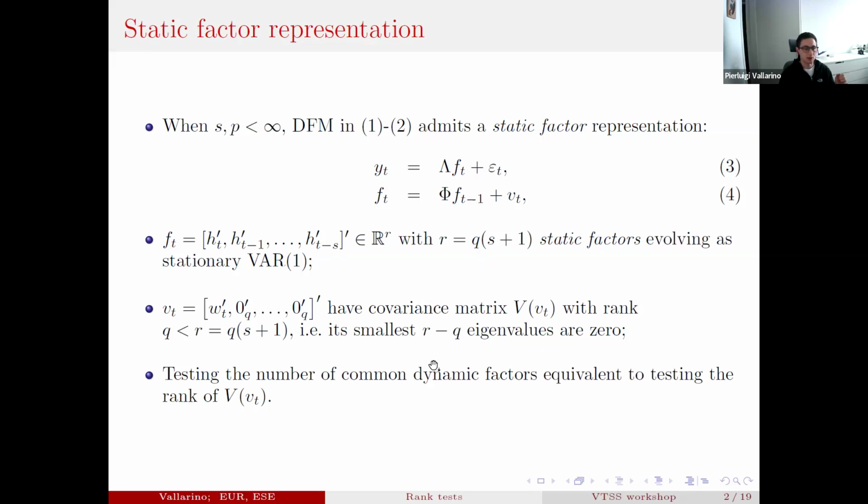In particular, it has rank q, smaller than r, so that the smallest r minus q eigenvalues are exactly 0. The largest q are positive, the remaining ones are 0. Therefore, testing the number of common dynamic factors in these restricted dynamic factor models is equivalent to testing the rank of this variance-covariance matrix. And this is the approach that we pursue in this paper.